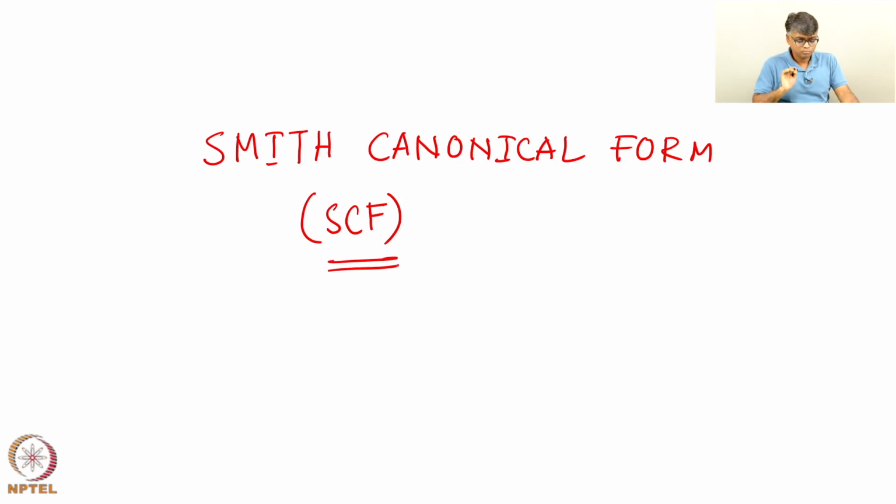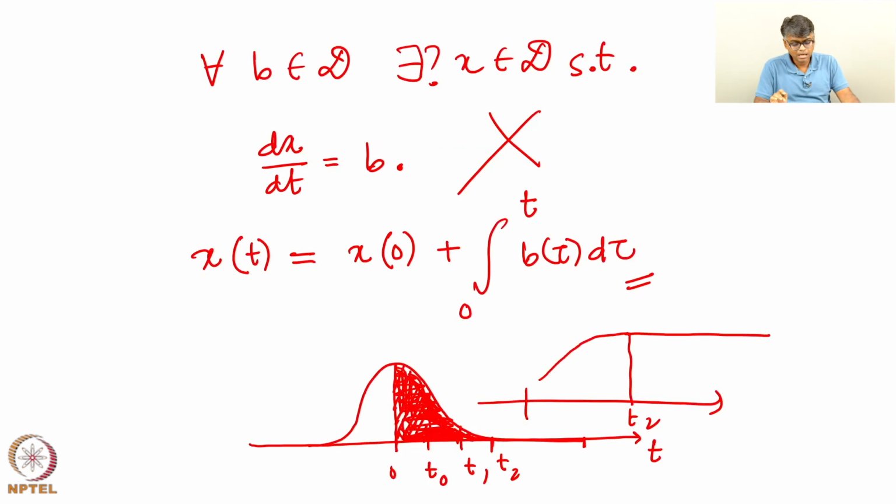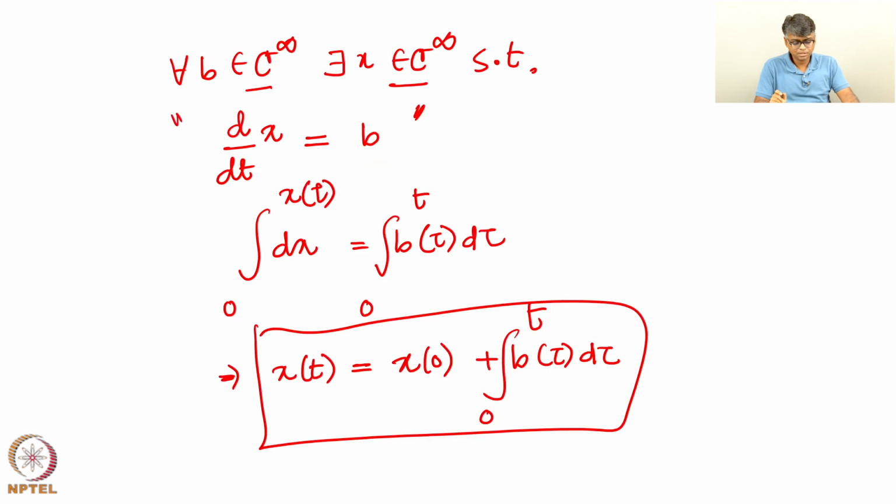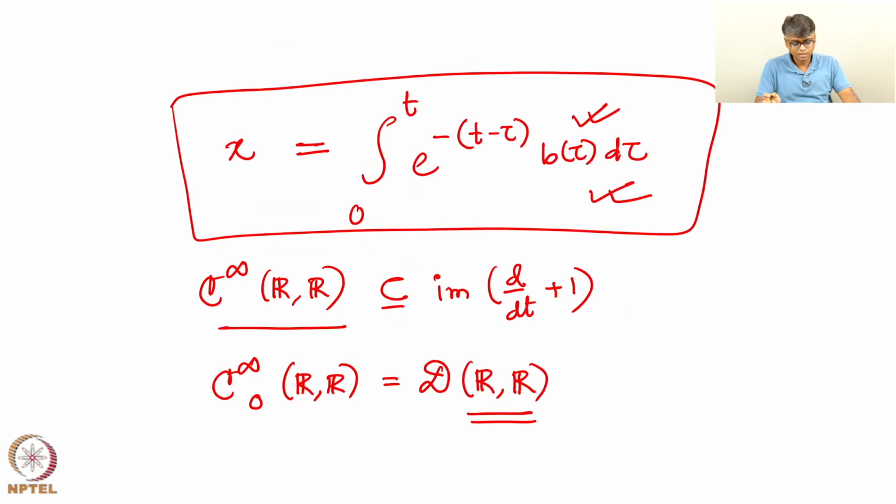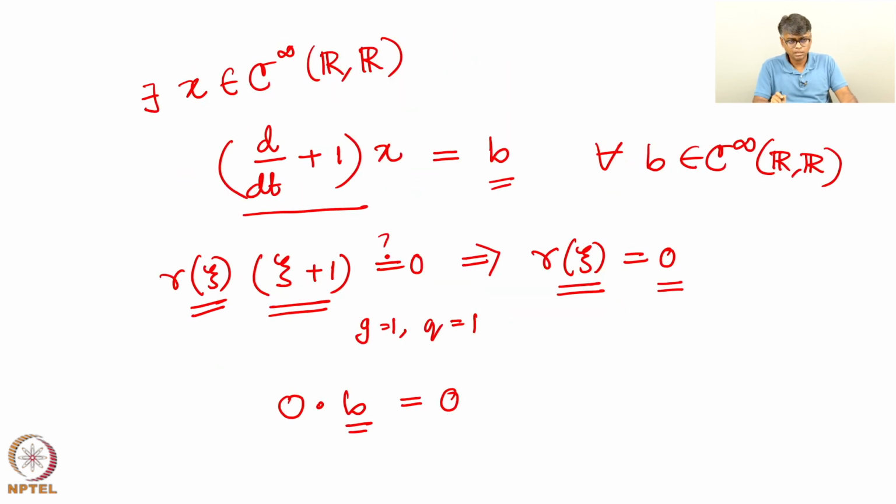Through the Smith canonical form and the observation about scalar equations, the solution exists because there is this convolution integral that you can evaluate to get a particular solution x, which is guaranteed to be C infinity provided b is also C infinity.